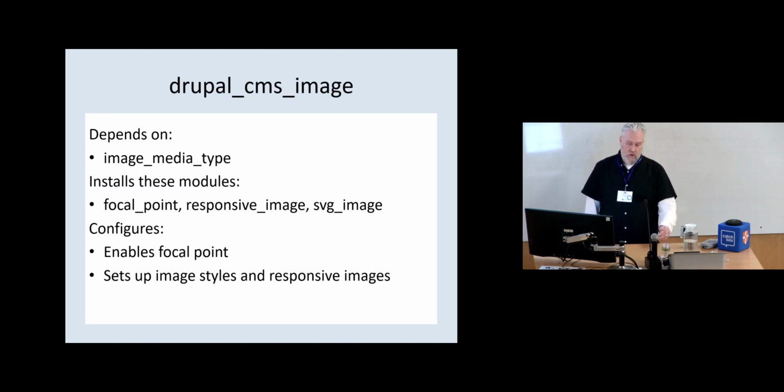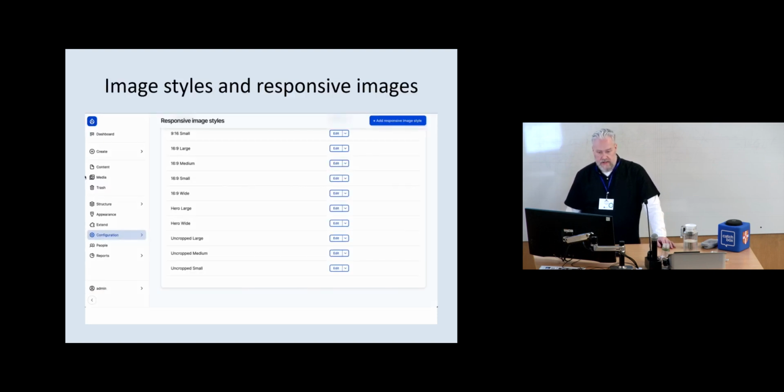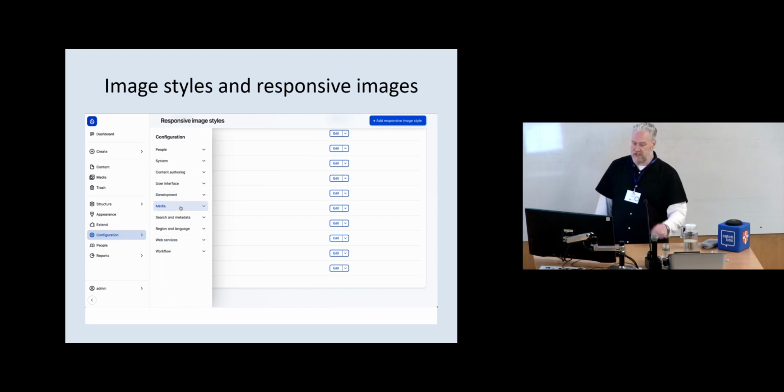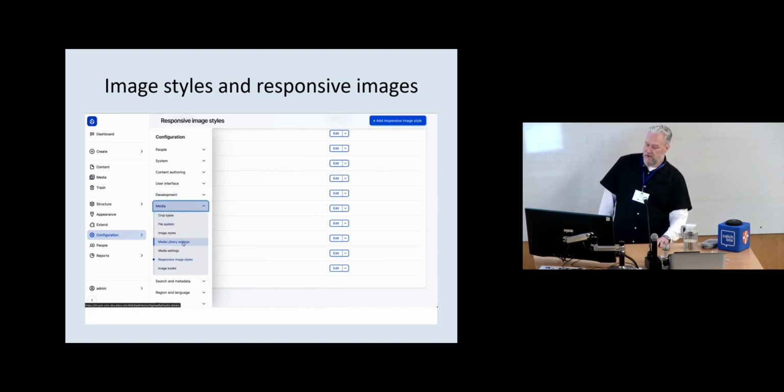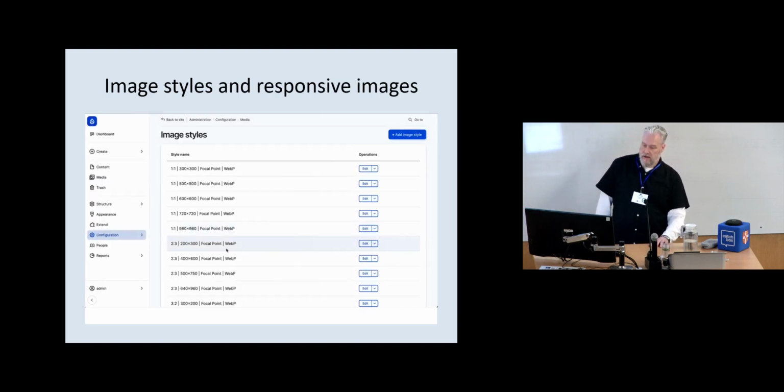This depends on the core media type. It sets up Focal Point, Responsive Image, and SVG Image, and gives you quite a lot of image styles and some responsive image breakpoint stuff as well. You'll see as we look through this, there's a lot.